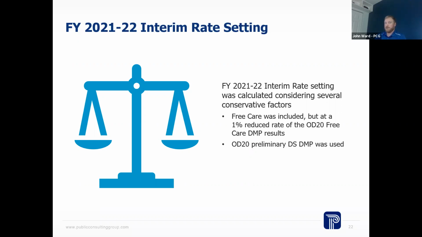Again, in a perfect world, if these precautions ended up not being needed, but we just felt with how the second half of FY20 went, as well as FY21, the department wanted to take a few added precautions to hopefully reduce the risk of a district falling into a recoupment situation.